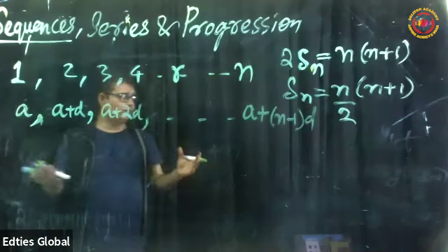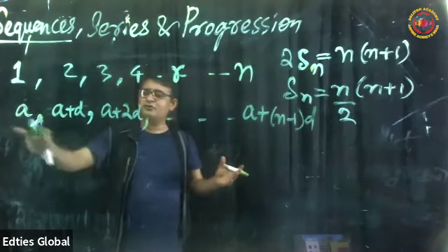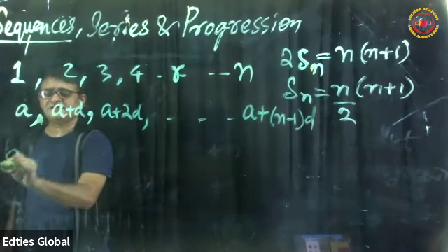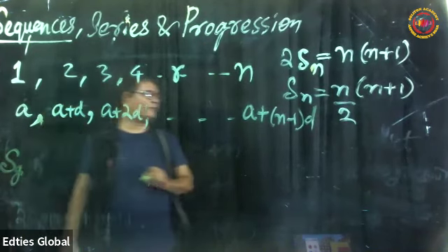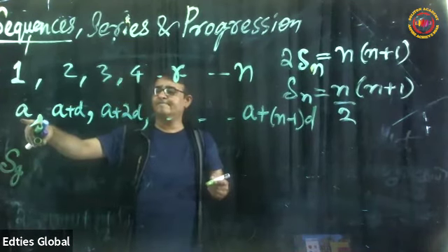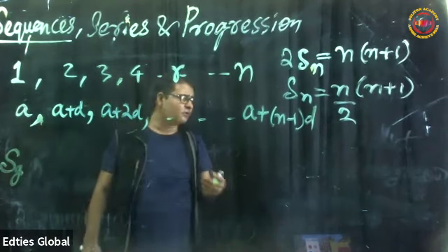Now we are going to use our same technique. I want to sum this series. I say this series is SG, the sum of all these terms. Then I'm going to write the series in inverse order like I did before.